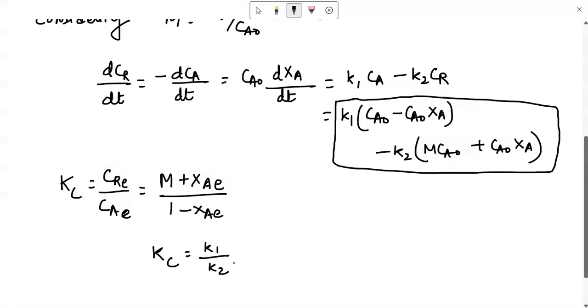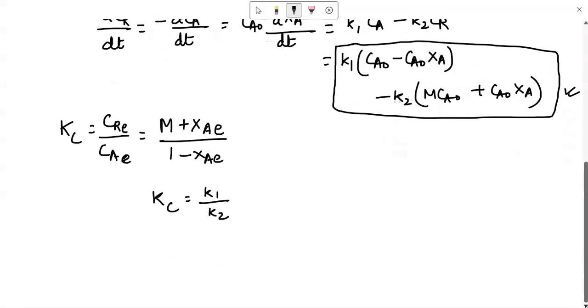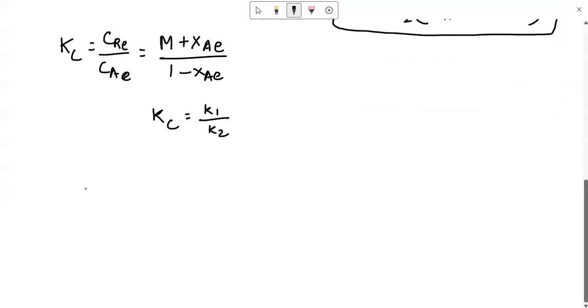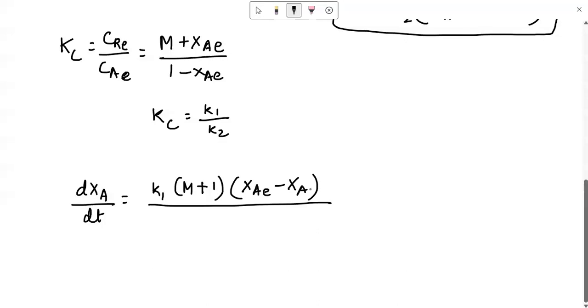If you combine this main rate equation with the expressions that we have obtained for the fractional conversion and the equilibrium constant, then you can also get the expression dXA/dt equals K1 multiplied by (M plus 1) multiplied by (XAe minus XA) divided by (M plus XAe).